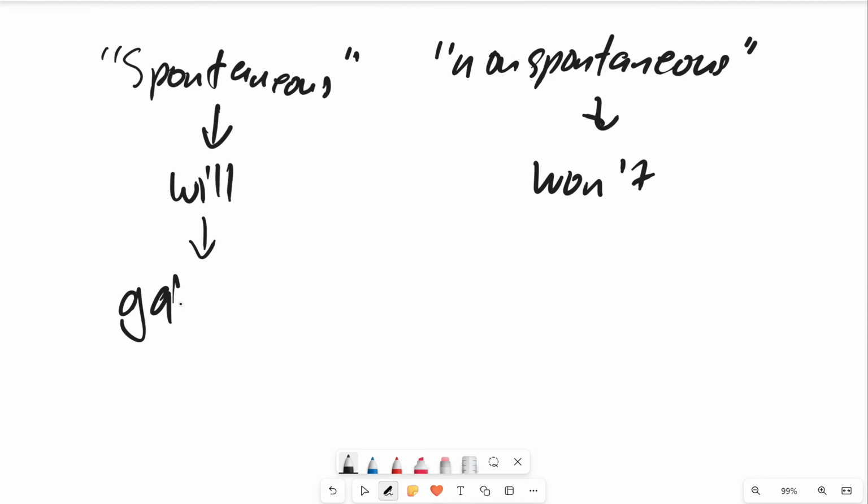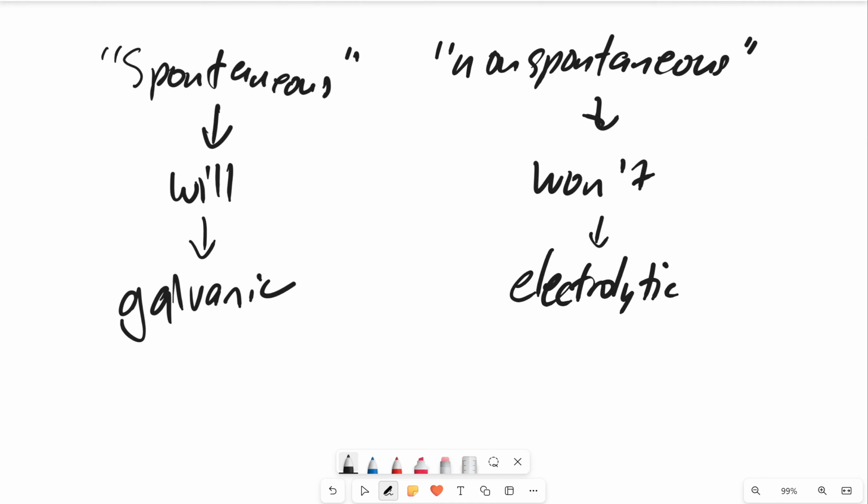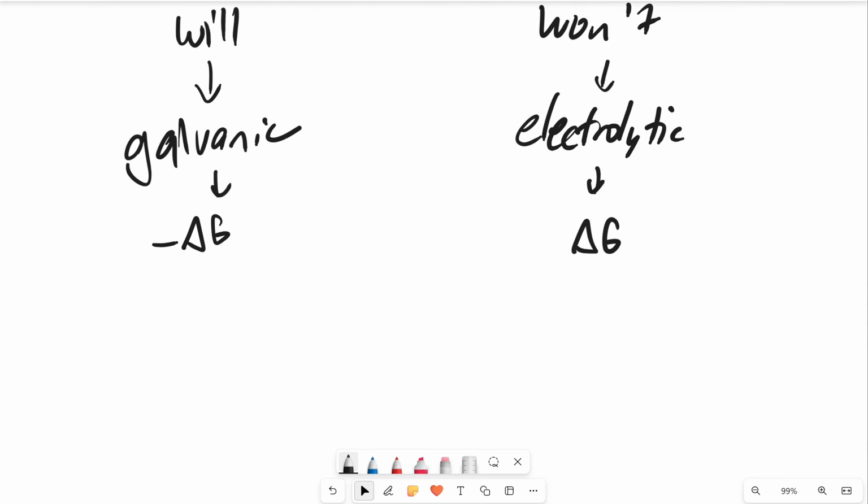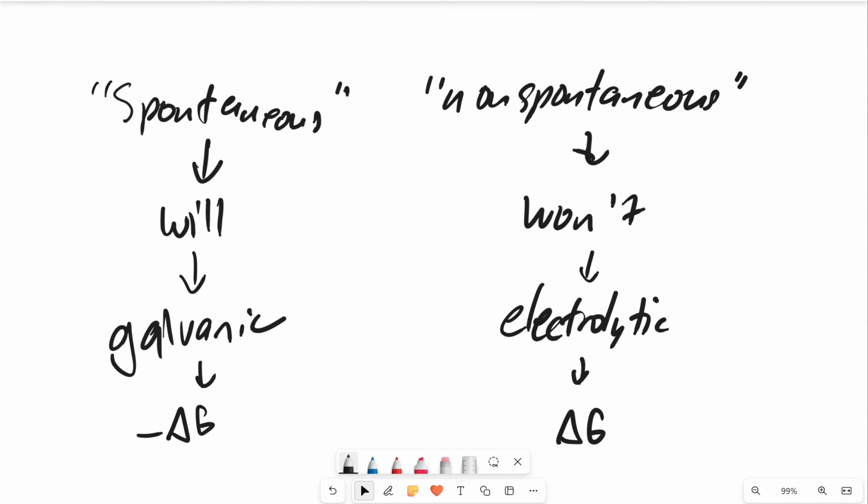We don't have to shove electricity into it. And conversely, because we're shoving a bunch of electricity into it, our electrolytic cell will be non-spontaneous, right? Therefore, our galvanic cell must have a negative delta G for Gibbs free energy and a positive delta G for our electrolytic cell.